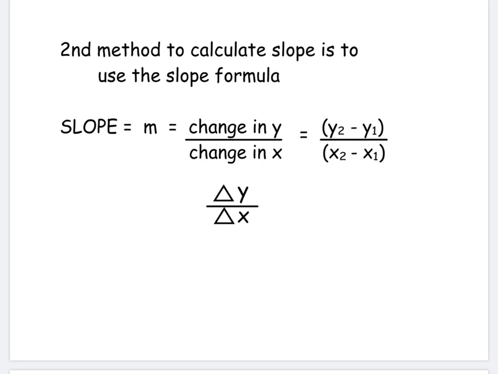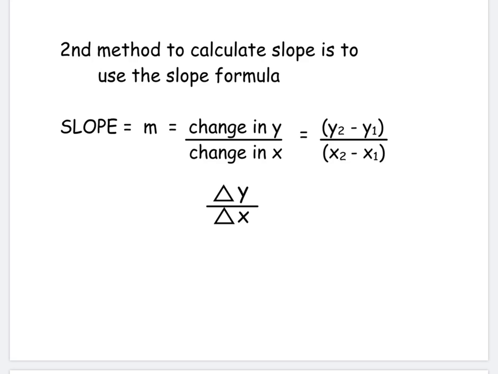So it's y2 minus y1 over x2 minus x1. Now, the little 2's and the little 1's, the subscripts, are just a way of identifying the values in each ordered pair and keeping them together. Because as you recall, when you subtract, the order you subtract numbers in makes a difference to the final value.